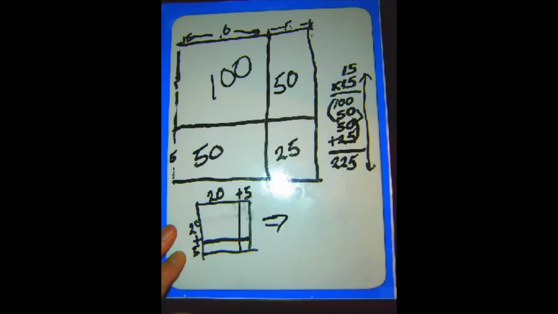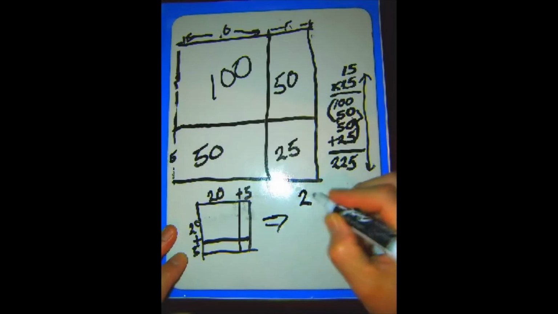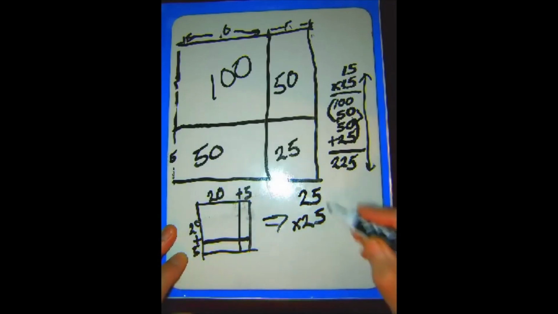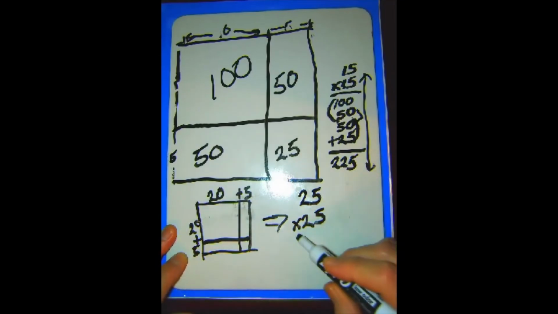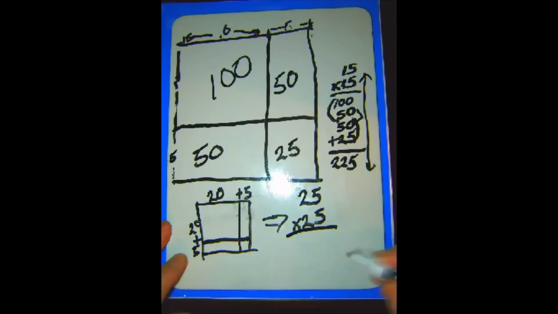Well, how would we record that? Well, this tells us to build a rectangle, 25 in one direction by 25 in the other direction. There's my build a rectangle sign. We do it. Okay, we've done it. Well, how can we tell what this represents?